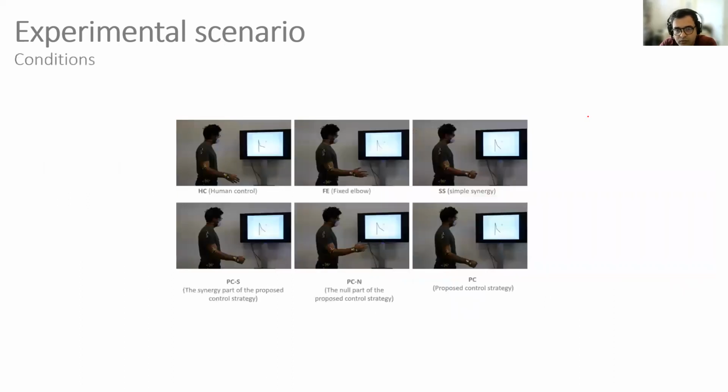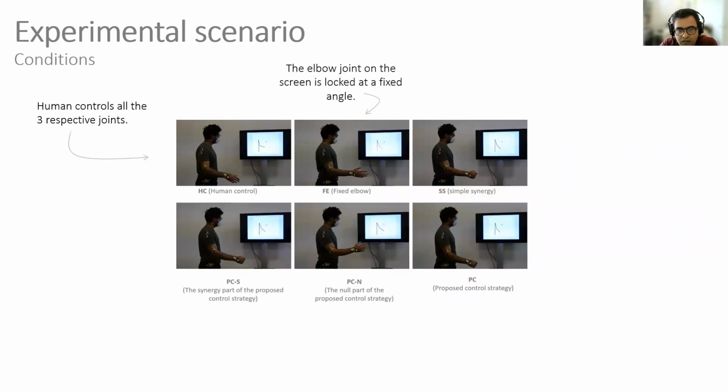In one case, the human is controlling all three joints. In the second case, the elbow is fixed, so they have to do the task with only the two joints that they have. The third case, which I call synergy, is something that is used a lot in the literature: if we lose control of a third joint, we just copy the velocity of the shoulder to create an opening and closing behavior of the elbow.